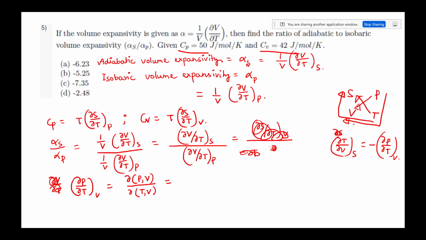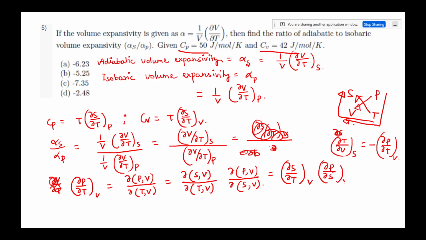Now I have to write in terms of S, so delta S V divided by delta T V. Okay, now we have written one delta S here, so this will be delta PV in terms of delta S V. Okay, so this becomes del S del T V del P del S V, right? Now we'll get del V del T.